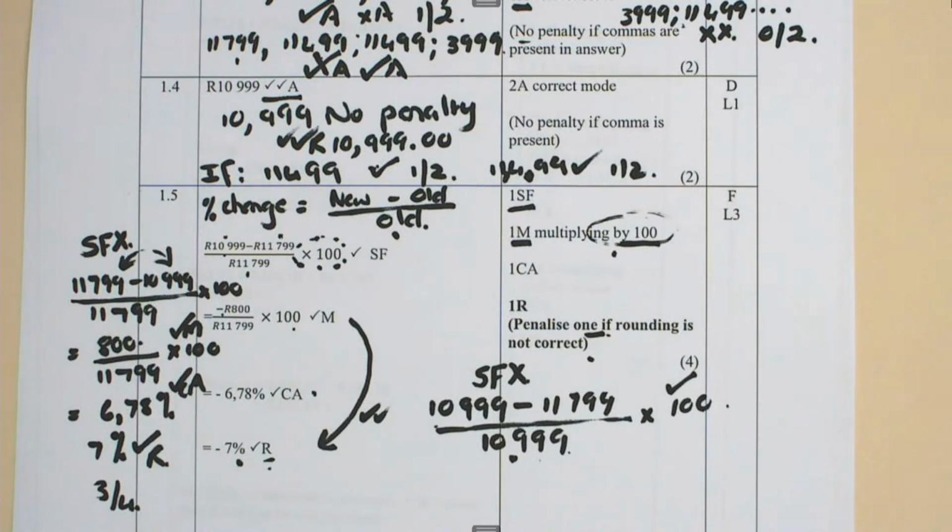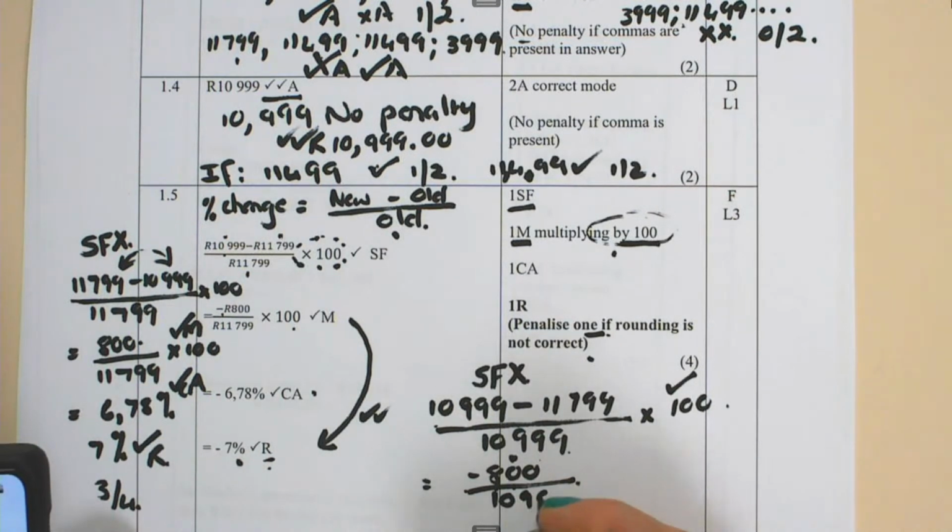When they do this, they are going to get maybe a slightly different answer here. I just want to work it out exactly so that I can write it down for you. They will say 10,999 Rand minus 11,799, and they will get the minus 800, just like you have it here, but then they will divide by that value of 10,999.